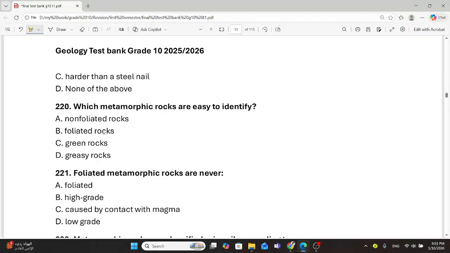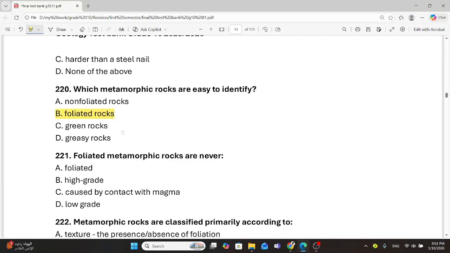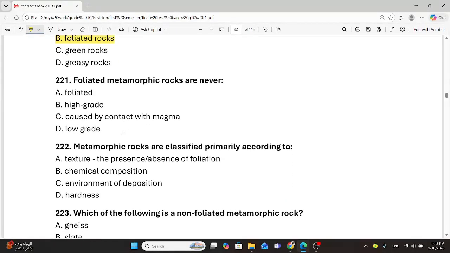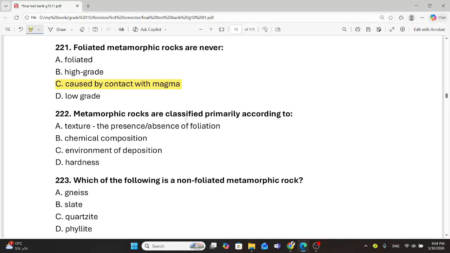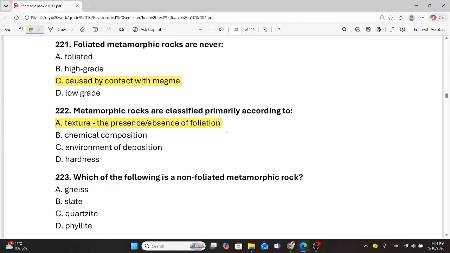Non-foliated rocks ولا foliated rocks ولا green rocks ولا greasy rocks. Foliated rocks. Foliated metamorphic rocks are never high grade ولا caused by contact with magma. Metamorphic rocks are classified primarily according to texture and presence or absence of foliation.